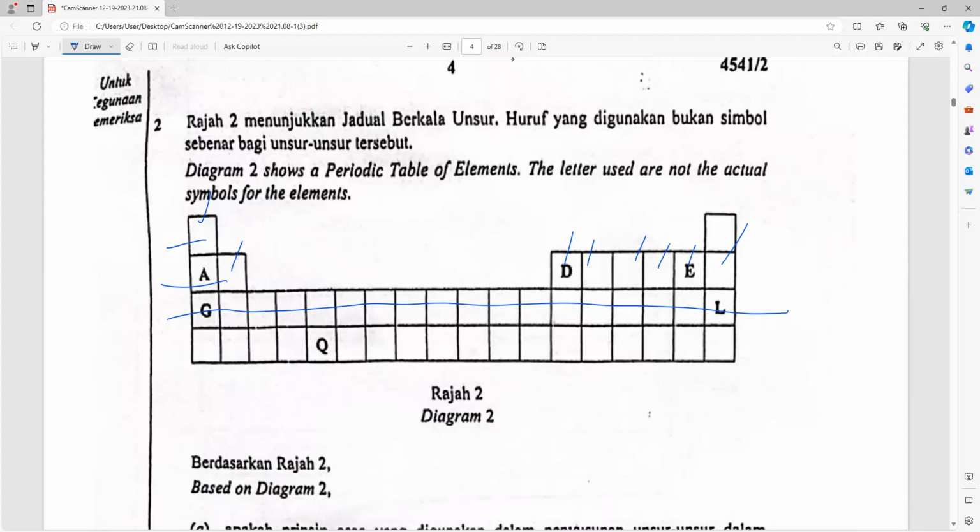E, D, A, L, G. Jishnu, sorry, I haven't heard your voice in 2 weeks, not 2 years. So Jishnu says E, D, A. Then what do you say, Jishnu? L, G, teacher. Okay, L, G.